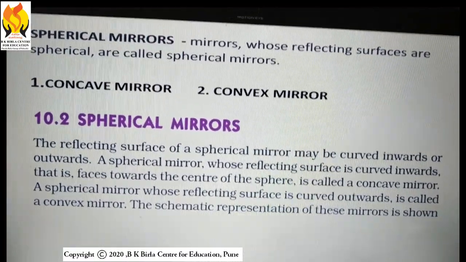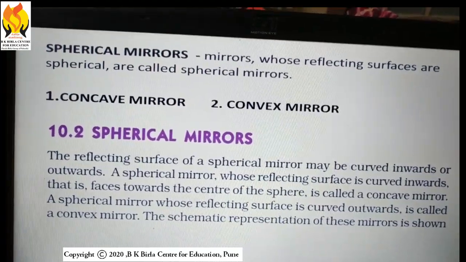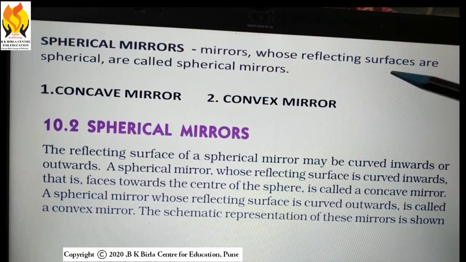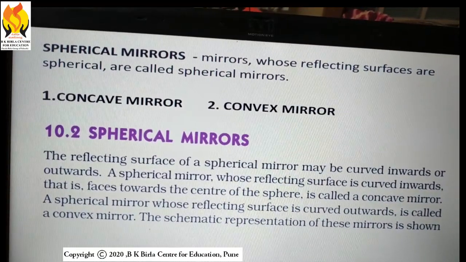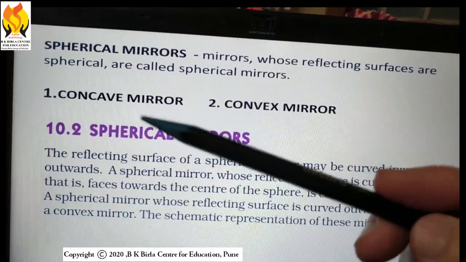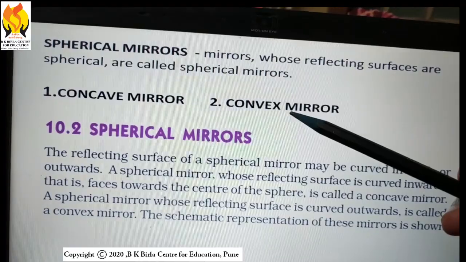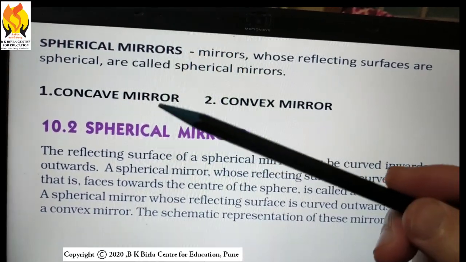Now we come to spherical mirrors. A spherical mirror is a mirror whose reflecting surface is spherical. We have two types of spherical mirrors: the concave mirror and the convex mirror. What do we mean by a concave mirror?